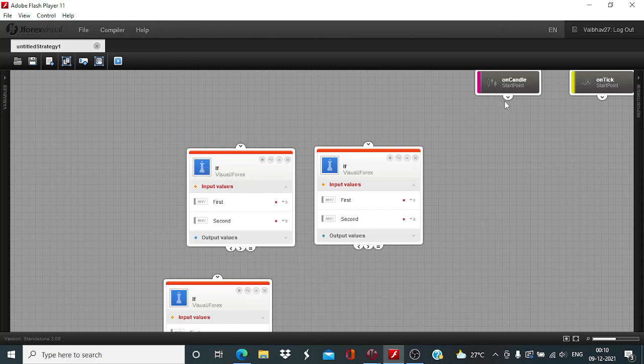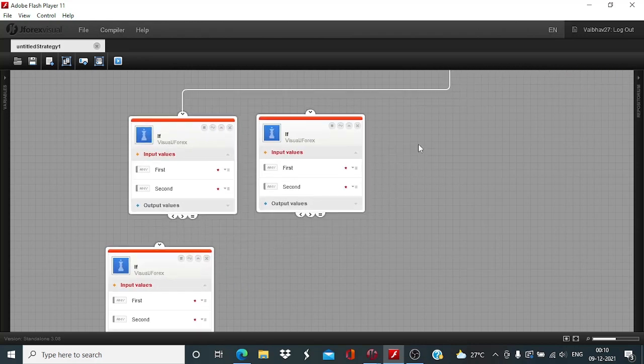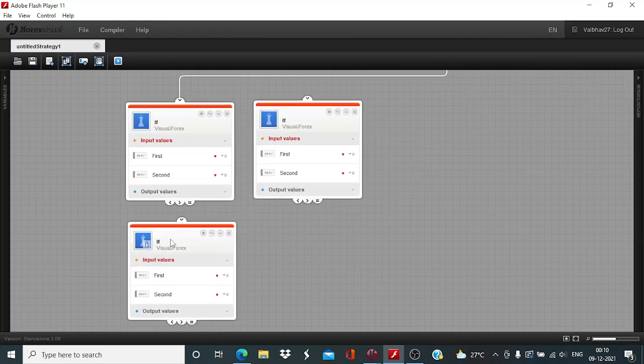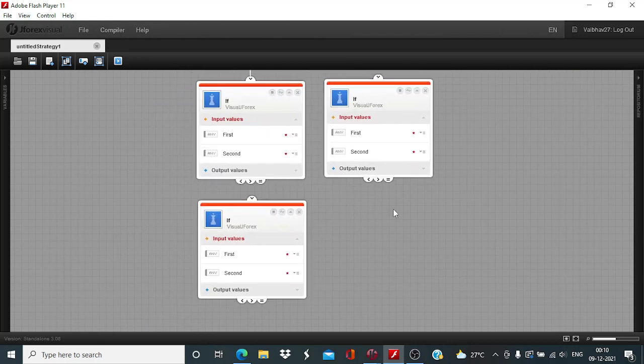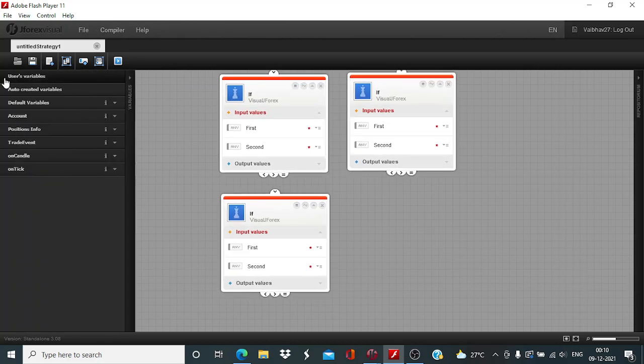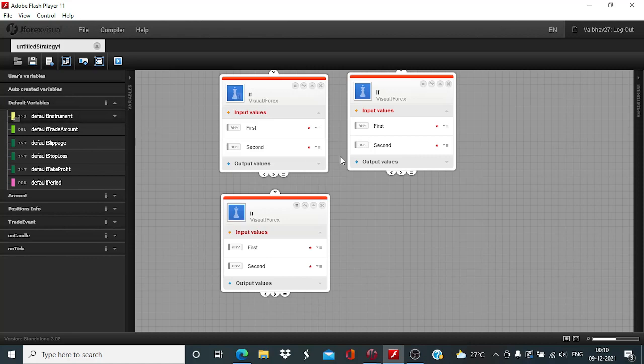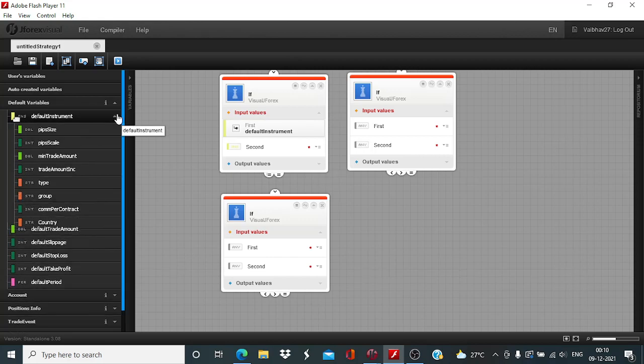Okay, here we are using this on candle as the start point, and we want to compare the default instrument with the candle instrument.